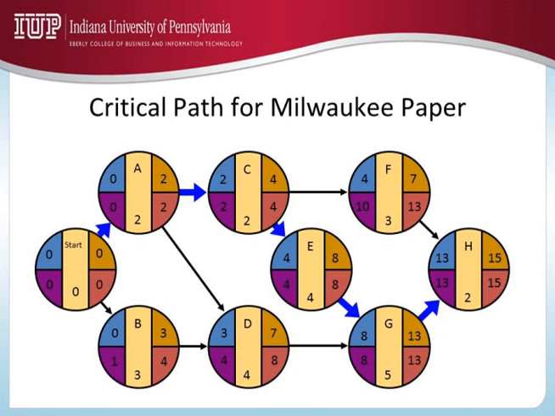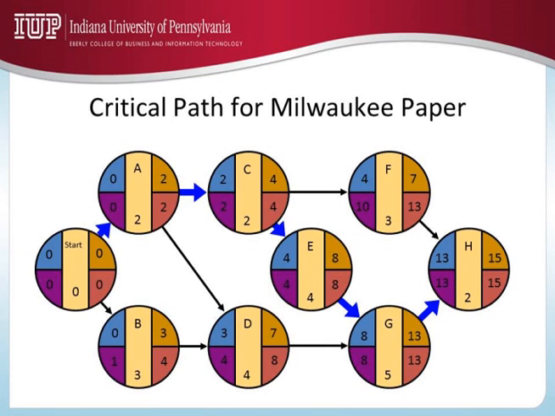So the point I'm trying to make is in activity A, the earliest start is 0, the latest start is 0. Earliest finish is 2, latest finish is 2. Activity G, same thing. Earliest and latest start are both 8. Earliest and latest finish are 13. H, E, C. So here there is no slack.